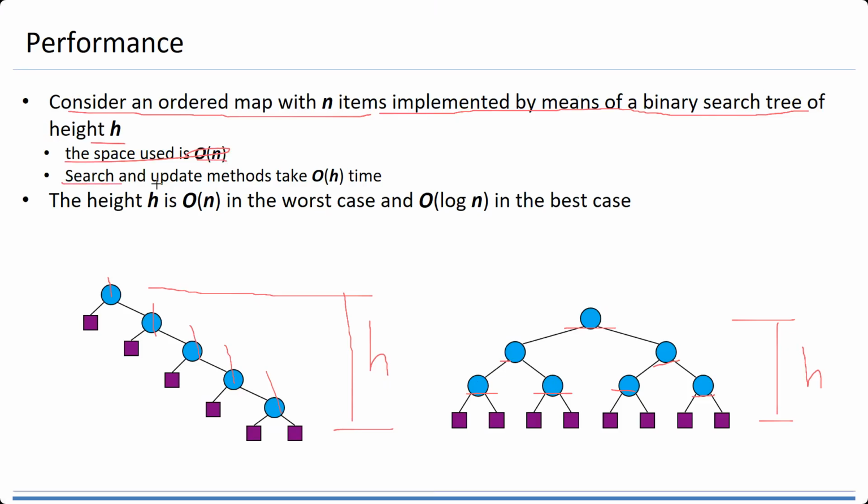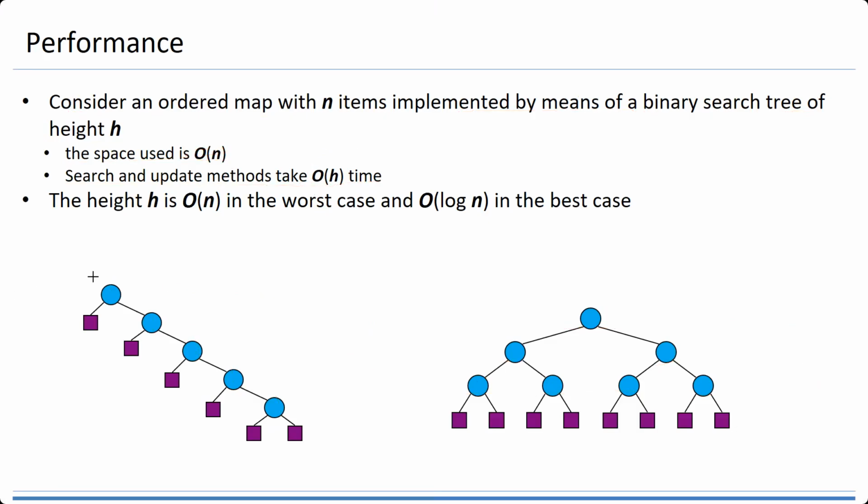The search and update methods take O(h) time. O(h) means it follows the height of the tree. If the height is 4, then it follows the height. If the height is 2, then it follows the height.